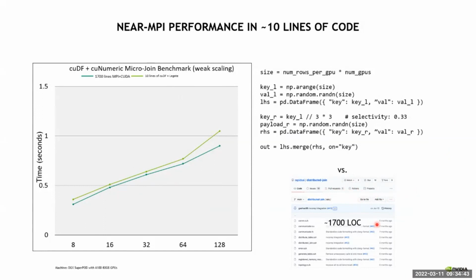And it takes about 1,700 lines of code with MPI and CUDA to get this dark green bar. That same benchmark can be written using NumPy and Pandas using just the code we see up here at the top. So this is the entirety of the benchmark code. And you can see that actually the performance scales quite comparably to that native code, but using just these high-level constructs in this high-level code.